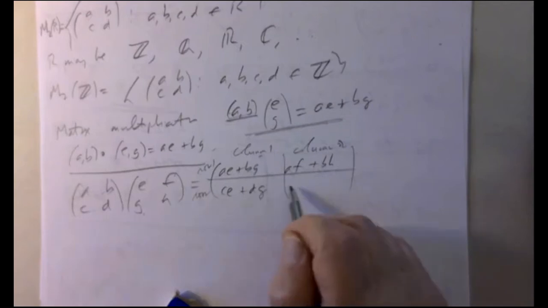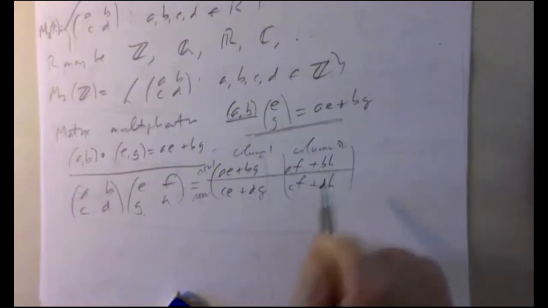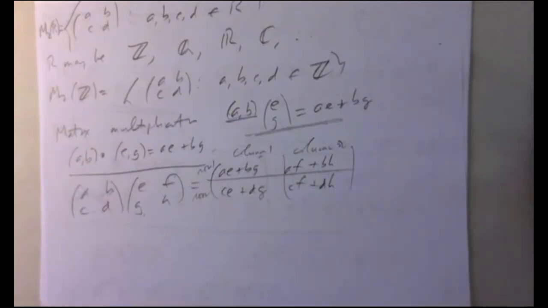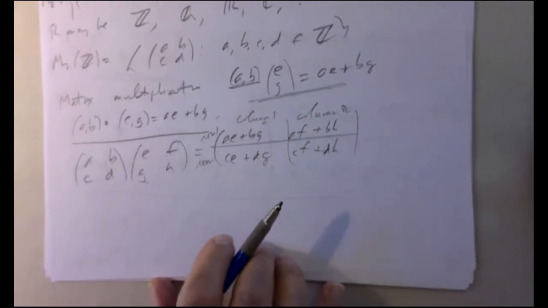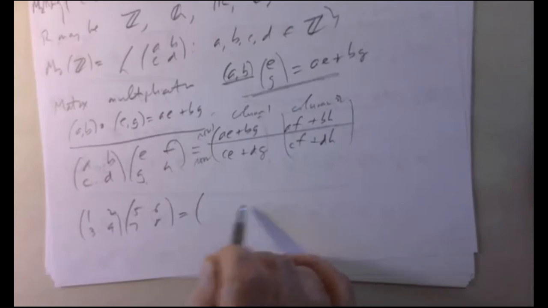Second row, second column, CF plus DH. So that's the definition of the product of two 2 by 2 matrices. So if I want to multiply 1, 2, 3, 4 by 5, 6, 7, 8, well, I'll let you do that calculation.